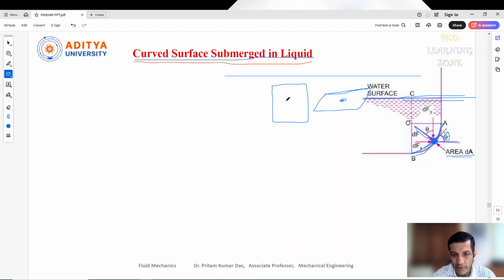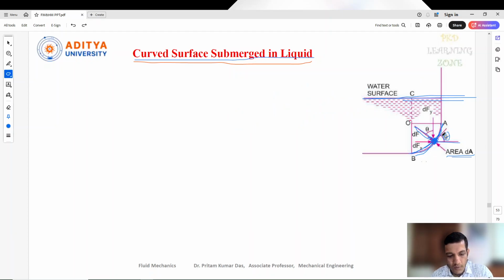These are things we already discussed previously, and today we'll see when there is an object which is a curved surface, and it is submerged in static liquid. So this liquid condition is static liquid. The same thing we are going to calculate here.